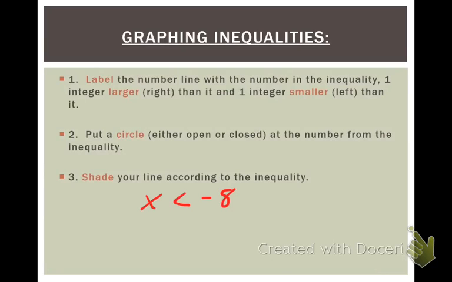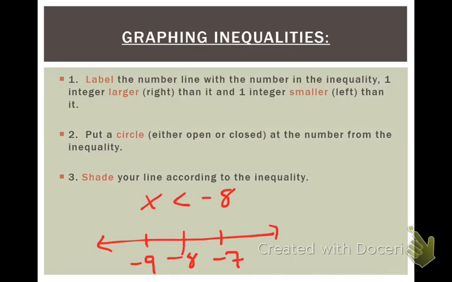So to show all real numbers, we need to start with a number line, the real number line. And this suggests you put negative 8 in the middle, and then you need to show an integer on the right and an integer on the left. So you need to show the next smallest integer, which is negative 9, to the left, and the next largest integer, which is negative 7, to the right.